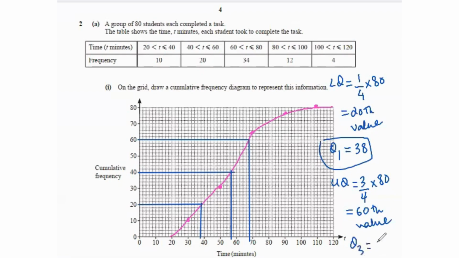So Q3 is 68. So that means the interquartile range is going to be the difference of Q3 and Q1, which is 68 minus 38, and I'm getting 30 for my interquartile range.